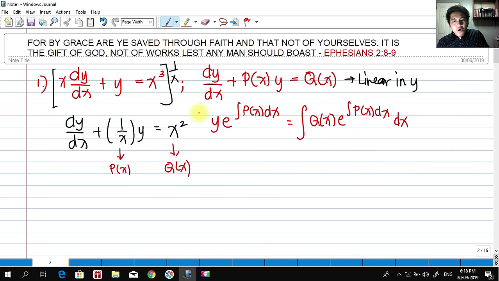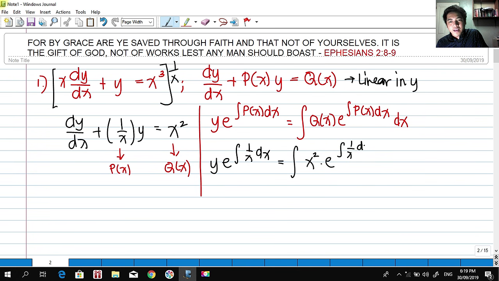So, if we're going to solve the solution for this DE, we simply copy y because that's the formula. We simply copy e raised to the integral of p of x dx, our p of x here is 1 over x dx, and that is equal to the integral of q of x, which is x squared, multiplied by e raised to the integral of p of x, again 1 over x dx here.